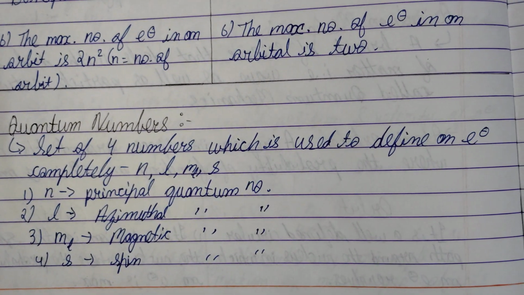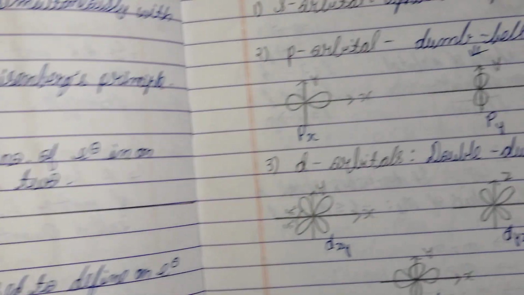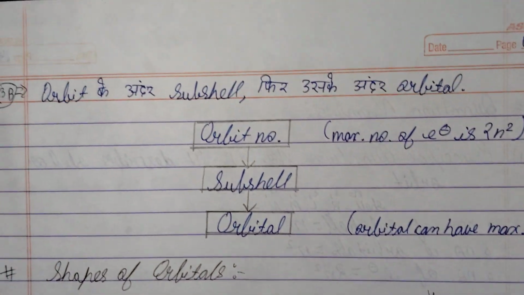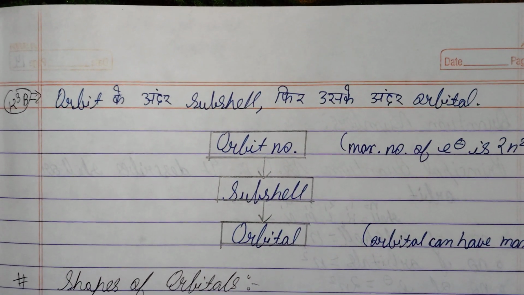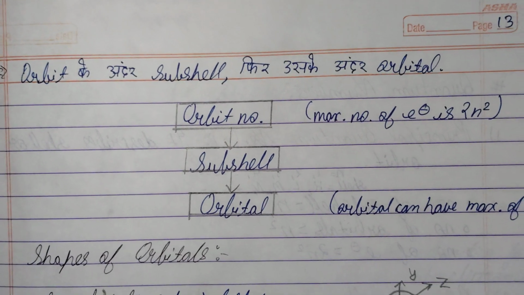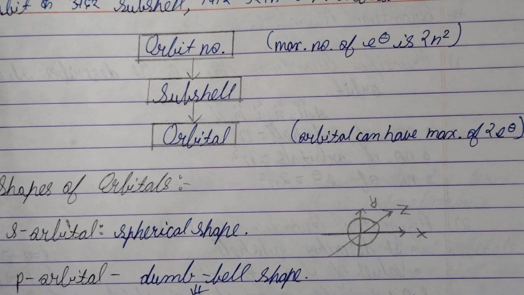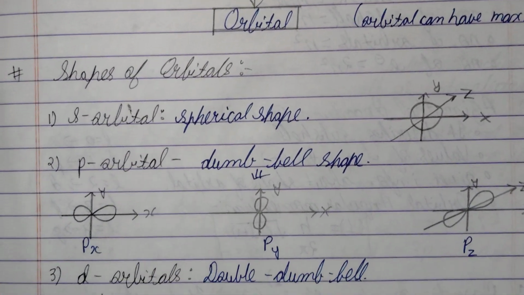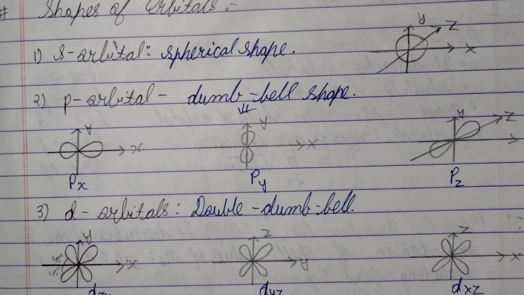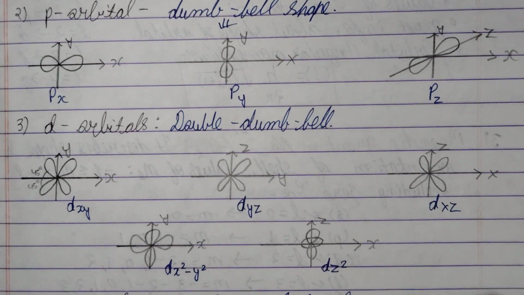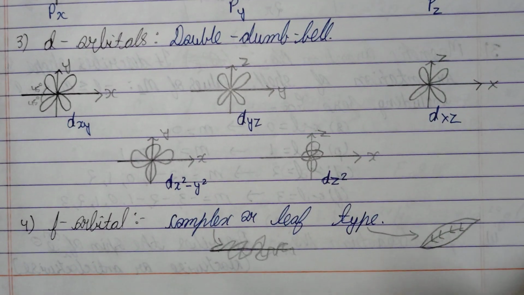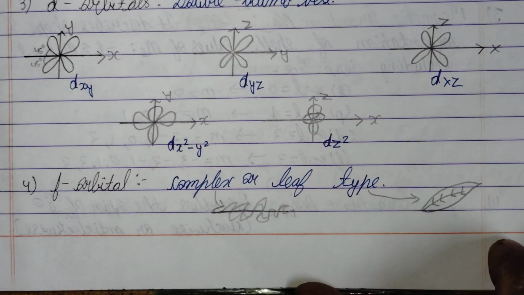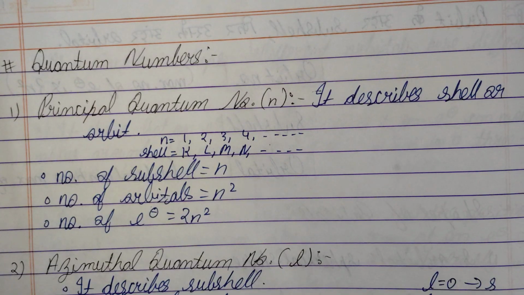Next is quantum number, an important topic for this chapter. So there is orbit number, subshell and orbital. Next is quantum number.